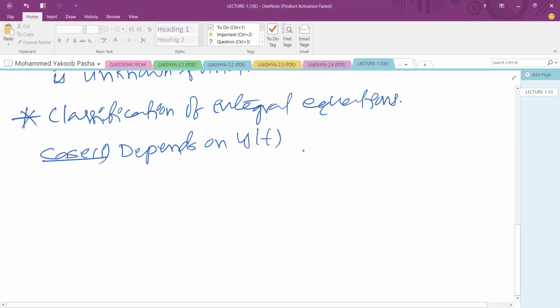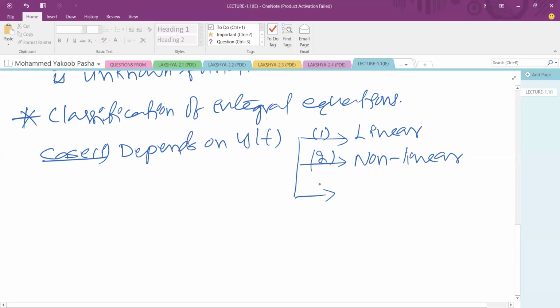We can classify integral equations into three types. The first one is the linear integral equation. The second one is non-linear. And the third one is the singular integral equation.